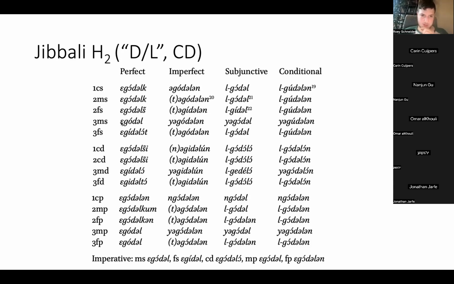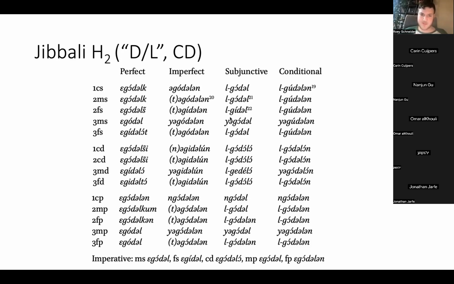So the stem here is agodel in all of the forms, pretty much with slight changes. So agodel, agodelk, and so forth. Agodelk, agodel, and agidel in the imperfect, and with a suffix, and lagodel, lagidel, ligodel in the subjunctive.